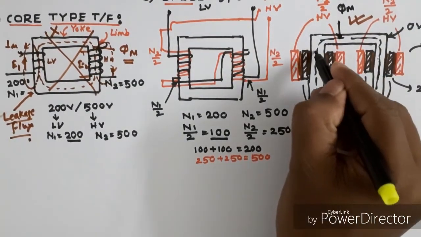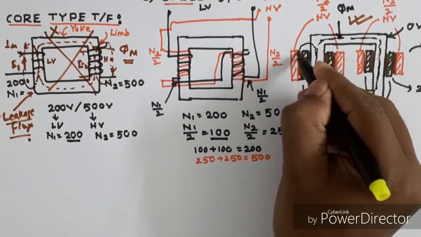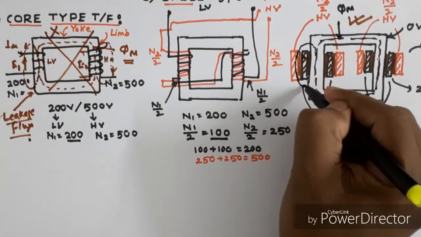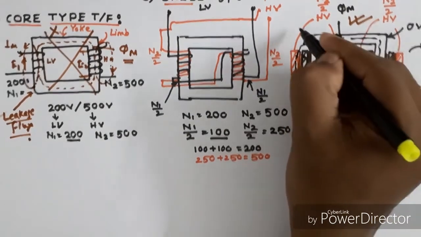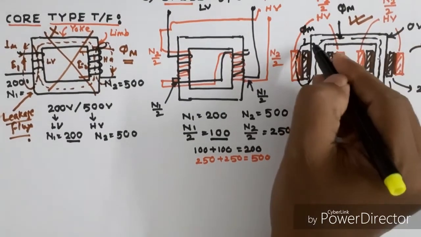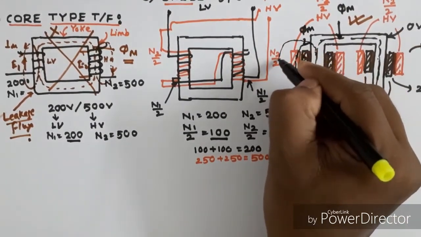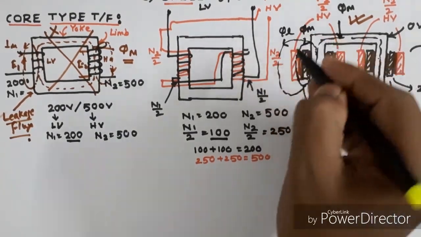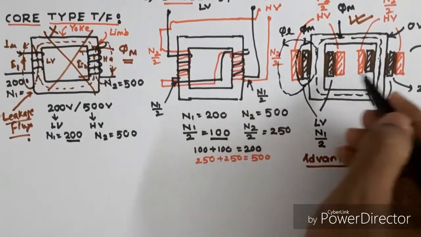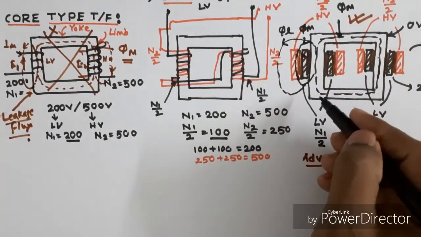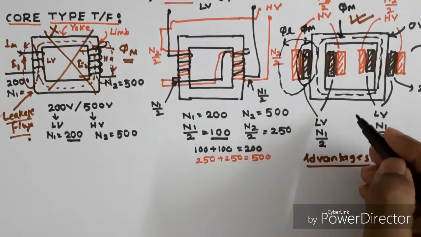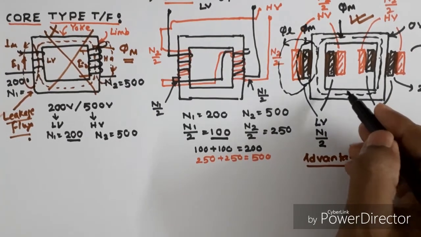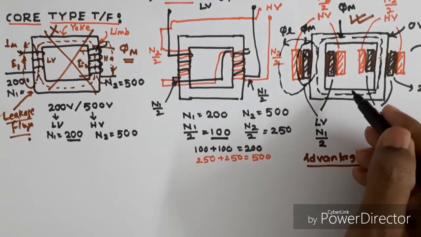And whenever the leakage flux comes here, over the LV winding there is an HV winding, this is also a mutual flux phi m. This is the leakage flux phi L, and the amount of leakage flux is less in this configuration. Therefore, we use this type of configuration in core type transformers.